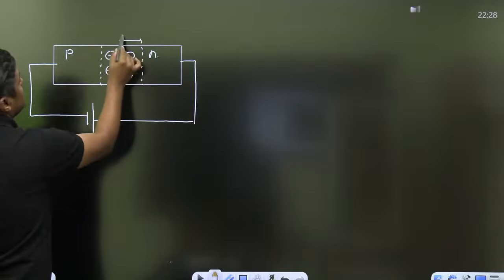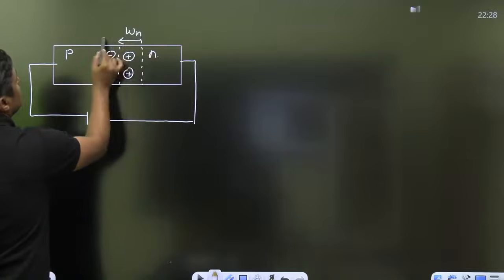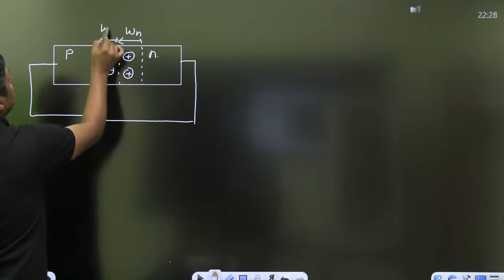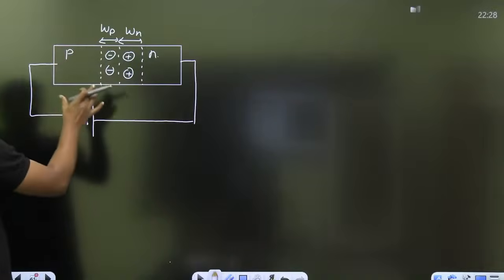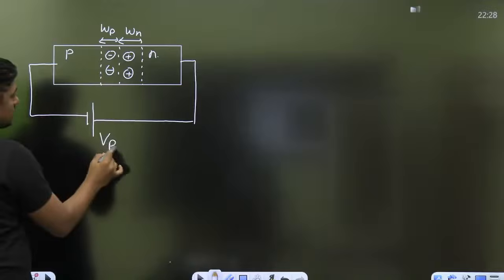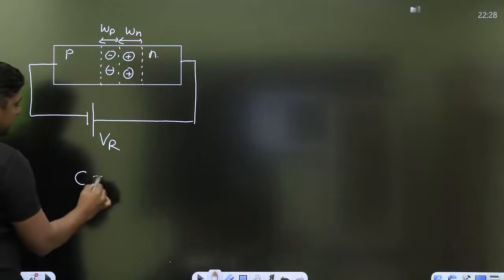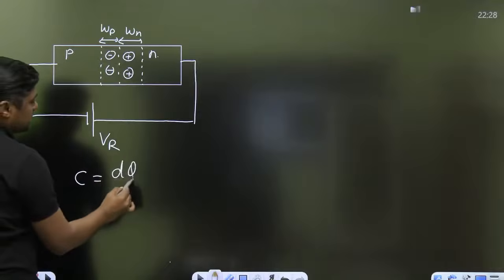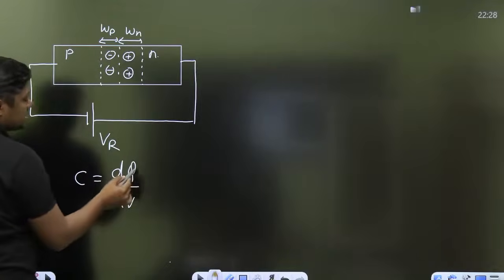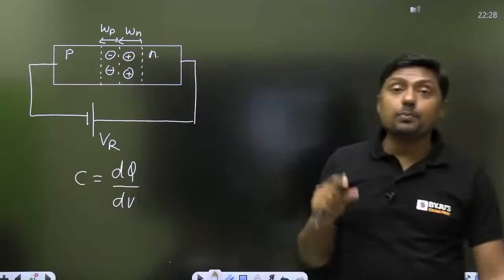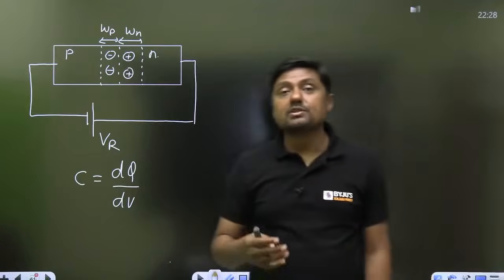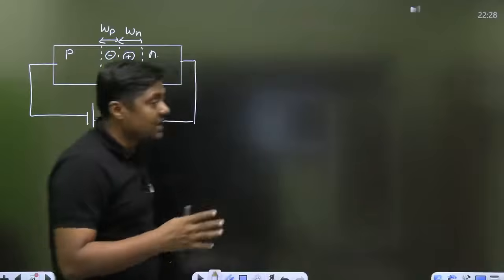This side is called Wn, and this side is called Wp, the widths on the N side and the P side. Because of this, when we increase the reverse voltage, the depletion layer increases, and therefore there is a change in charge. When there is a change in charge because of a change in voltage, there is always capacitance. This type of capacitance is called depletion capacitance, transition capacitance, or space charge capacitance.